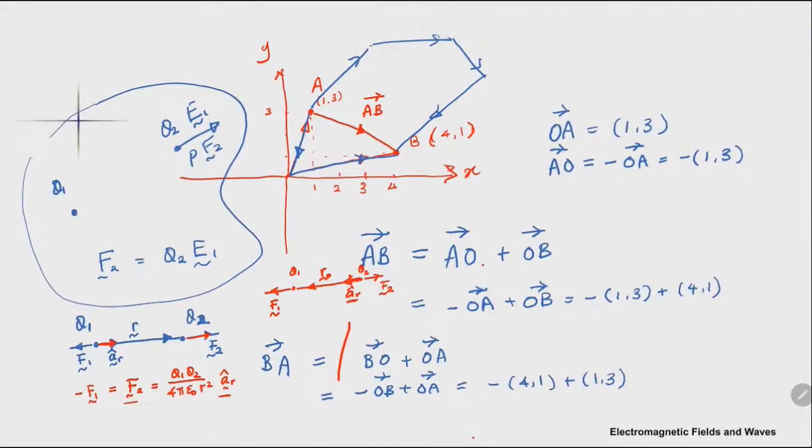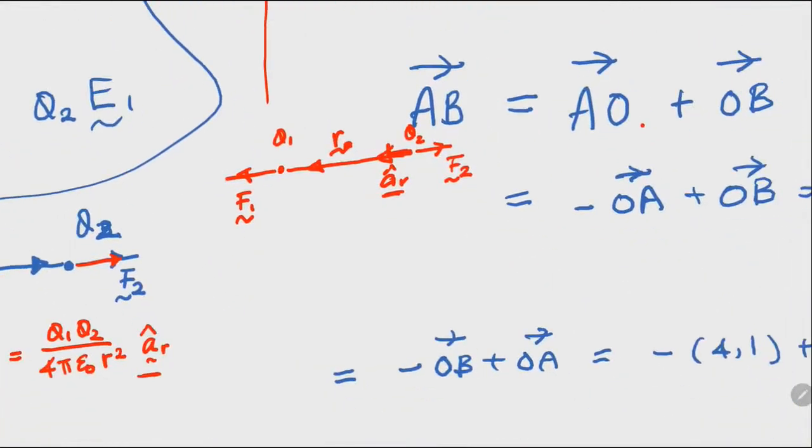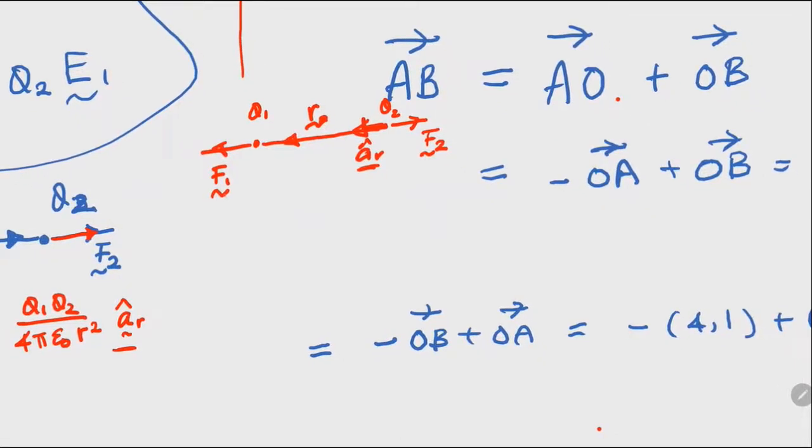Let me clean up a bit of my slide. In this case now, you can see that if I define it this way, my F1 is the one that is in the same direction as AR, my unit vector R. So when I write my equation, F1 is equal to, this is still the same, Q1 Q2 over 4 pi epsilon naught R squared times the unit vector R, because they are in the same direction.